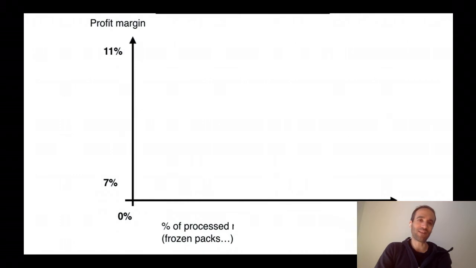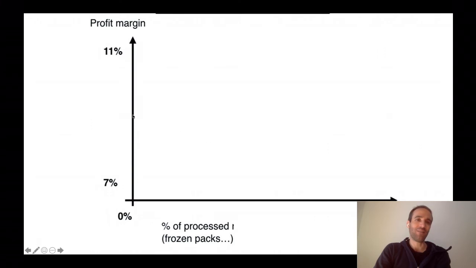Mr. Jonathan was involved in a merger and acquisition operation for a client who was a meat packer. And so he came up with a genius idea at the time to plot an X, Y scatter plot.